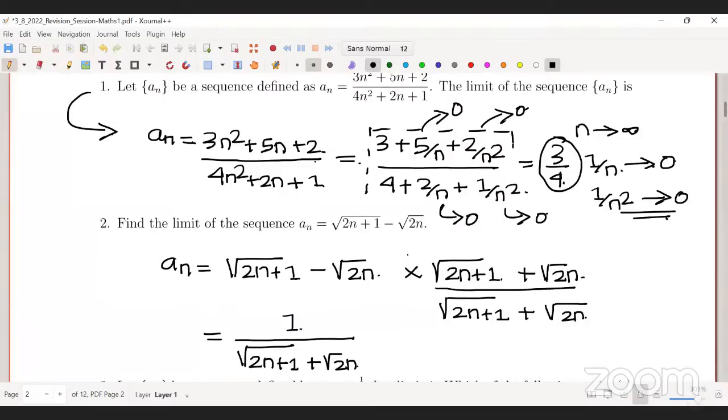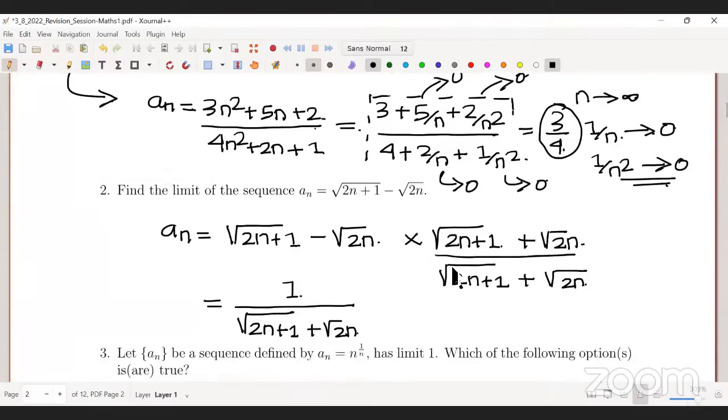Yes, sir. So now can you tell me what will be the limit of the sequence? 0. Now if you see, 1 by 2 root 2, sorry. No, why is it 1 by 2 root 2? It will be 0, sir.